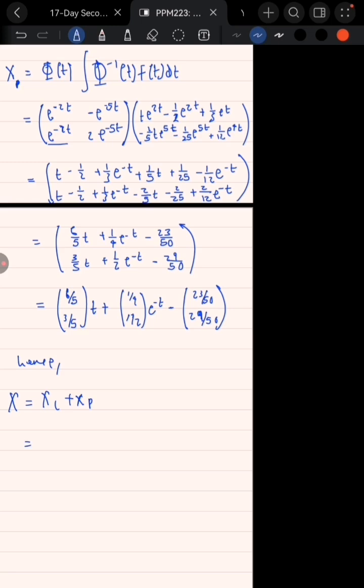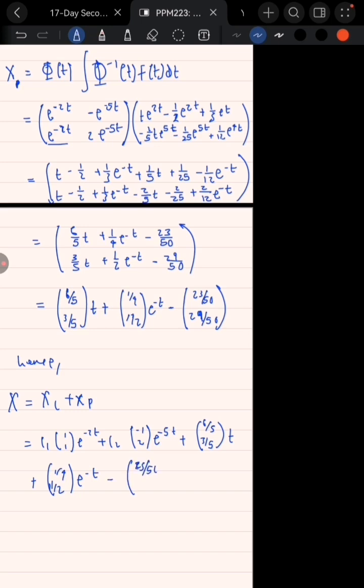The complementary solution, we found it to be C1 (1, 1) e to the power minus 2t plus C2 (minus 1, 2) e to the power minus 5t, plus now the particular solution 6/5, 3/5 t plus 1/4, 1/2 e to the power minus t minus 23/50, 29/50.